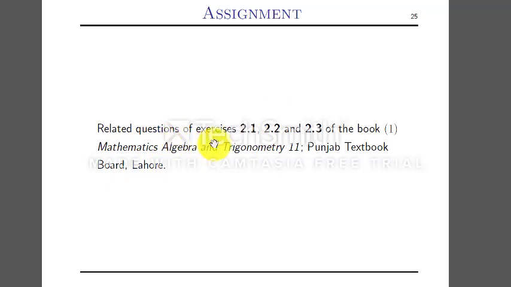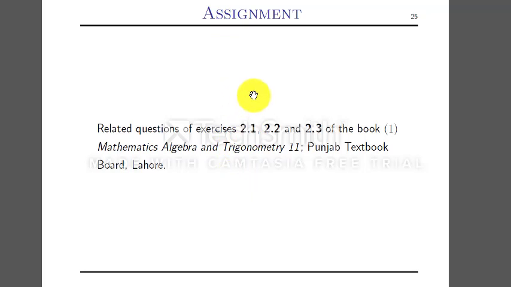This is related to questions in exercises 2.1, 2.2, 2.3 of the book First Year Mathematics. In order to understand these concepts, all the material before the exercises is very important. You are free to ask any question related to this topic, any single line before the exercises.